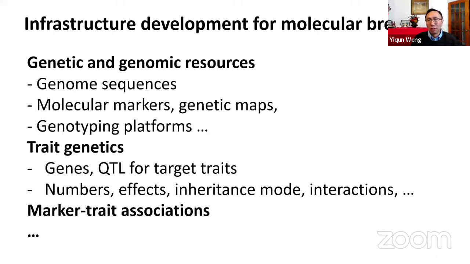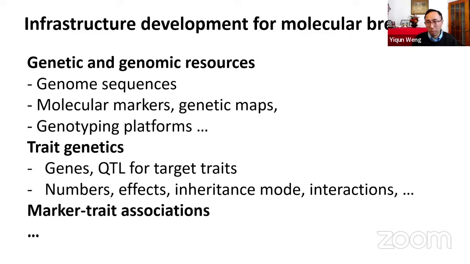Of course, there are some requirements for practicing marker selection. You need the necessary genetic and genomic resources like genome sequences, molecular markers, genetic maps, and also need the genotyping platform.